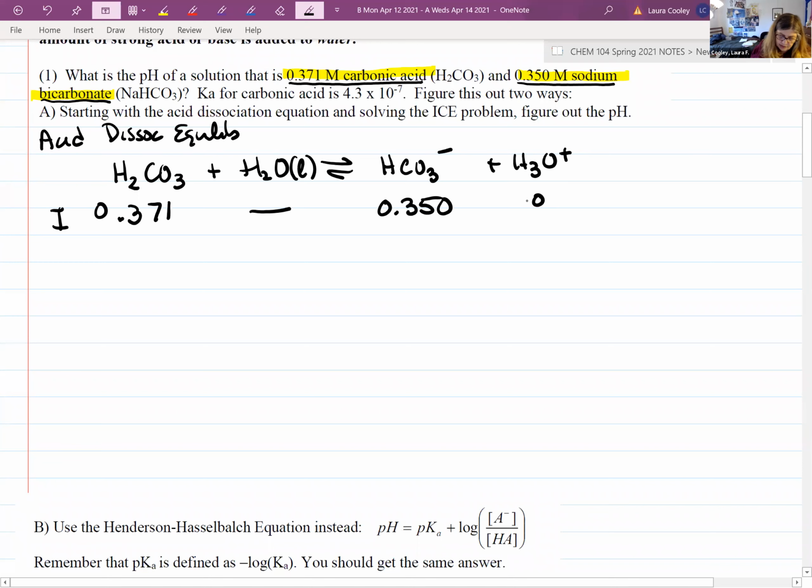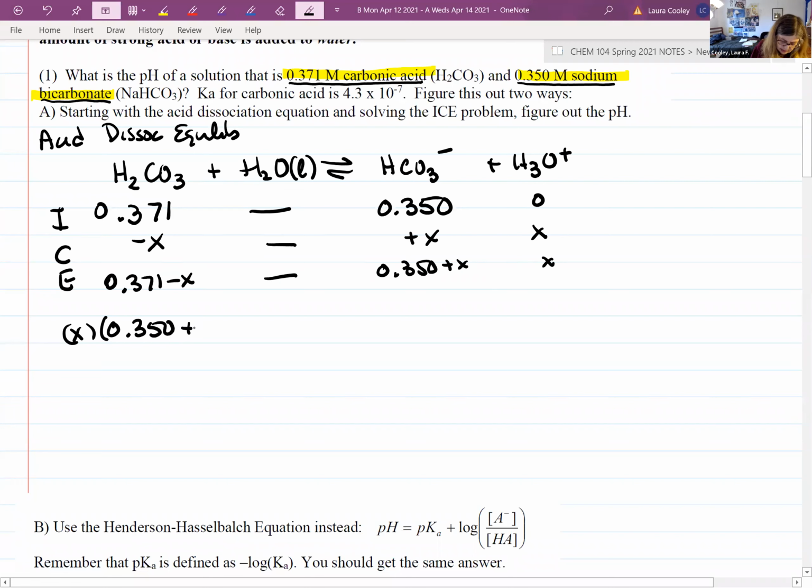This would be 0. And then you would fill in the ICE chart: minus x, plus x, x, 0.371 minus x, 0.350 plus x. I did a buffer problem like this once, but I'll do this one again. And you look at it at the start, and it looks really perfectly awful, right?